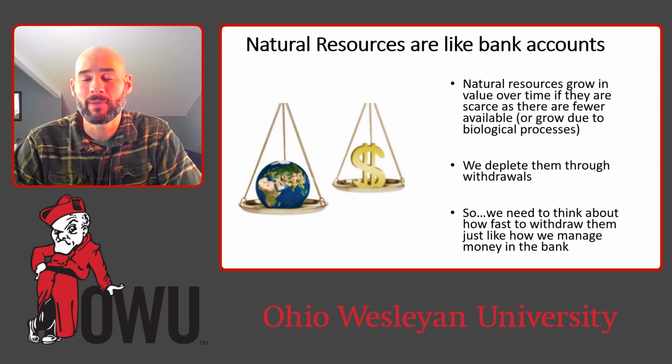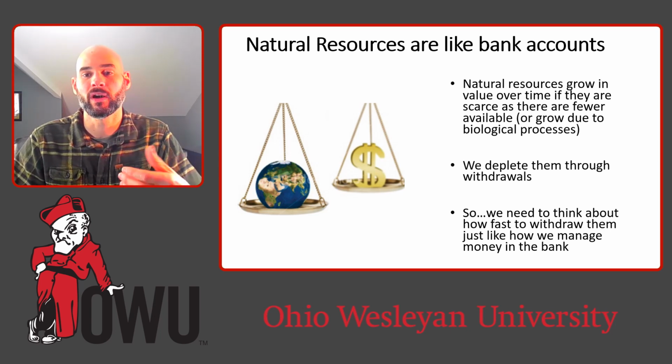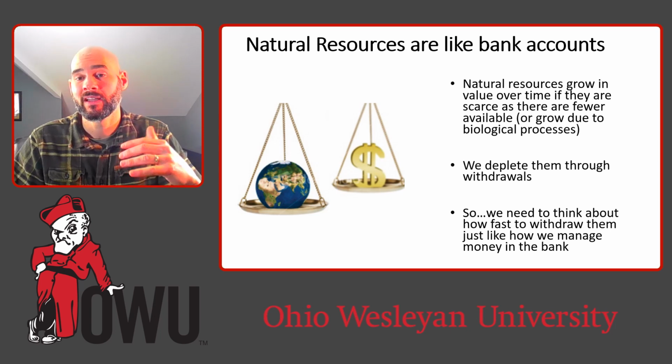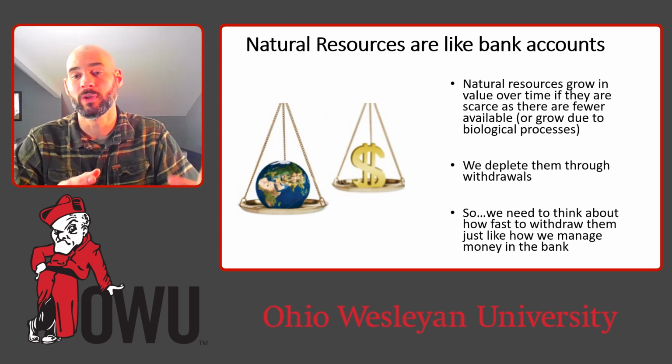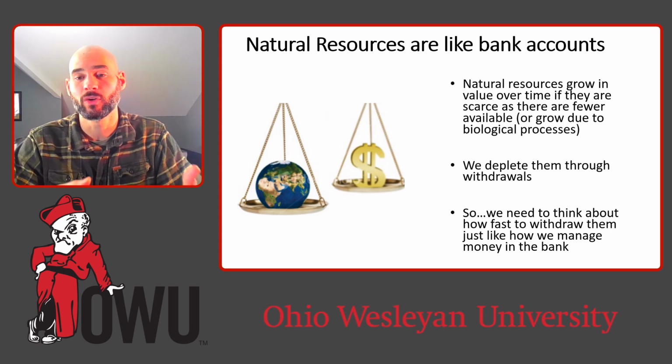And so we can think about natural resources as being like a form of bank accounts, in that the value of the natural resources is going to grow over time if they are scarce, and if that scarcity increases, or if we're extracting at a faster rate than at which those resources can reproduce or grow. We can think about depleting our bank account through withdrawals, depleting our natural resources through extraction or withdrawals.